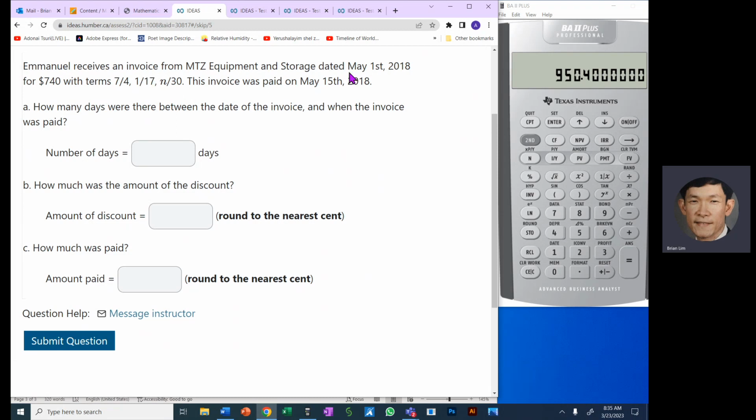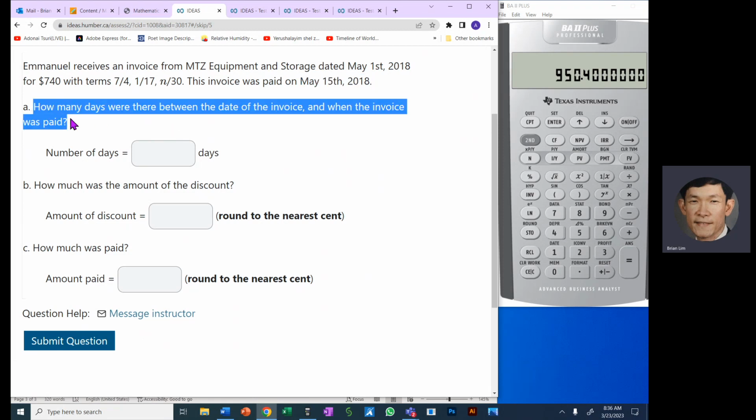Remember, these dates are from the date of the invoice of May the 1st. And it's net after 17 days, but must be paid within 30 days. So the invoice was paid on May the 15th, 2018.